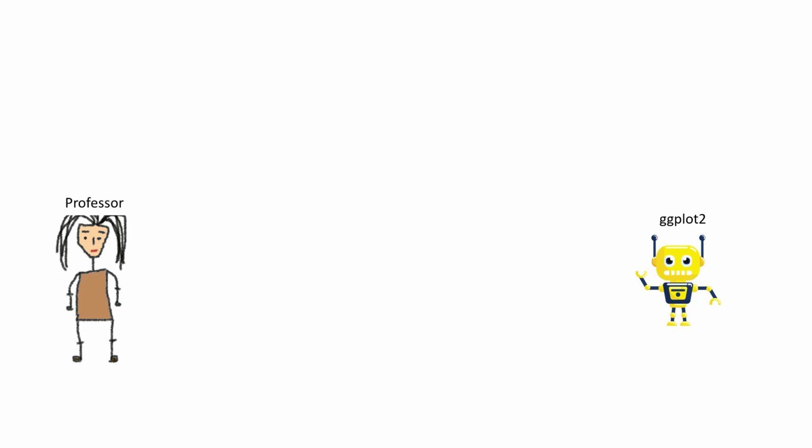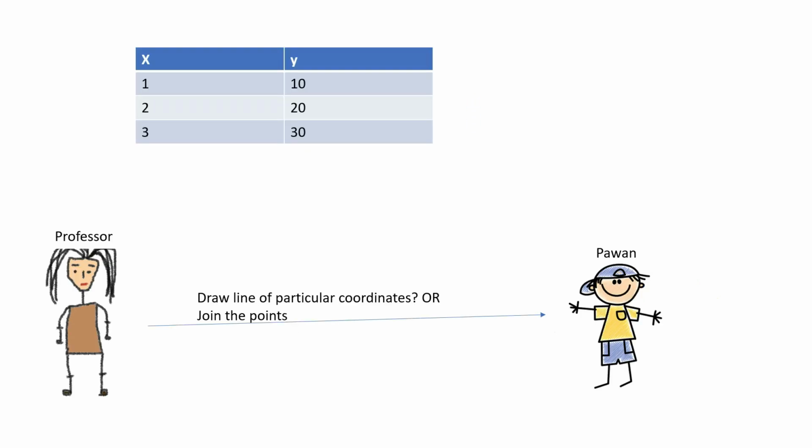Similarly, the computer draws like that. We just need to give the commands to ggplot2, and it draws the x-axis, y-axis, first point, second point, and third point.